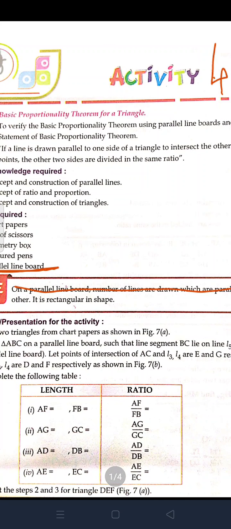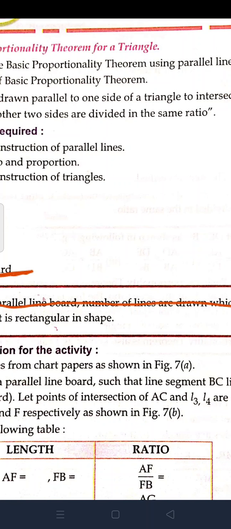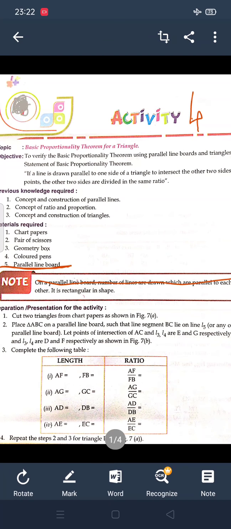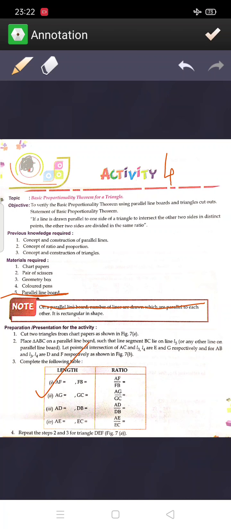Check out: you have the AF measurement, FB measurement, and the ratio AF by FB. Then in the second part you have AG, GC, and they are calculating this. Then AD, DB, AE, EC, everything.